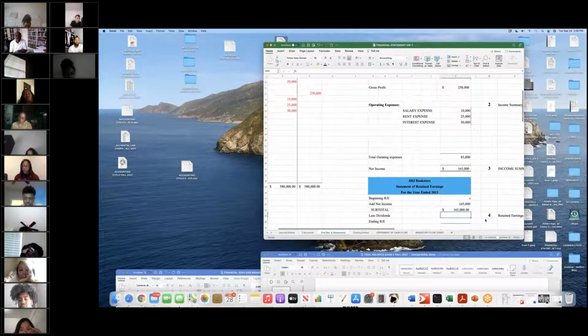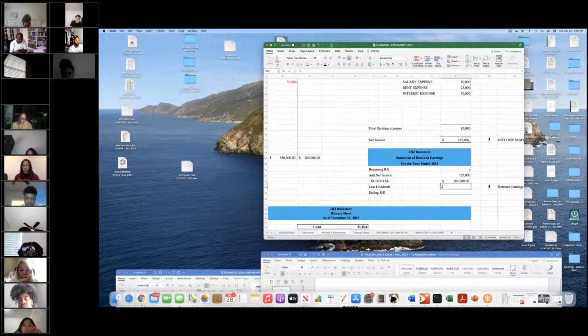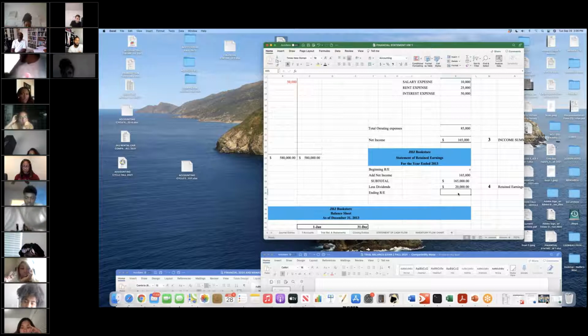So we're gonna put that in here. And so the ending retained earnings is what? Yeah, 145. So what this statement is telling us is that we had net income of 165,000. We paid out 20,000 in dividend, and so we got 145,000 left.